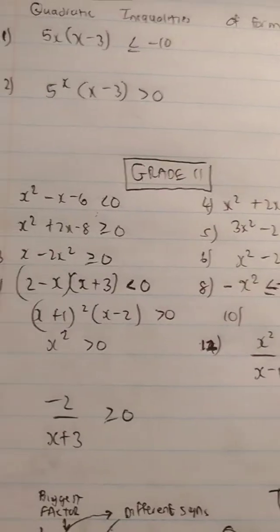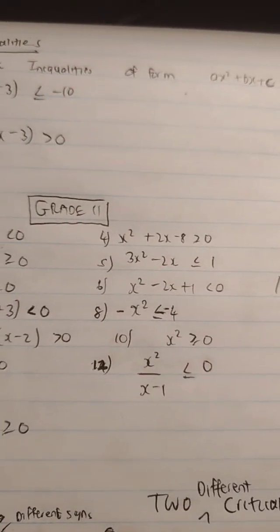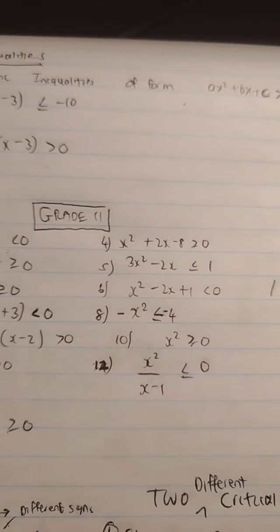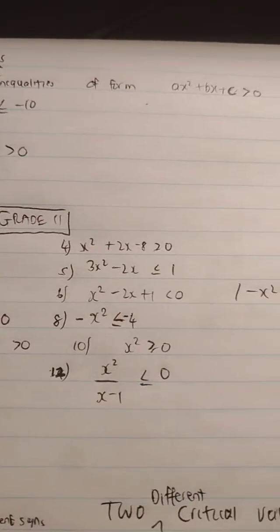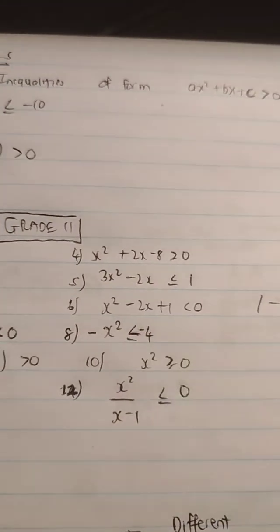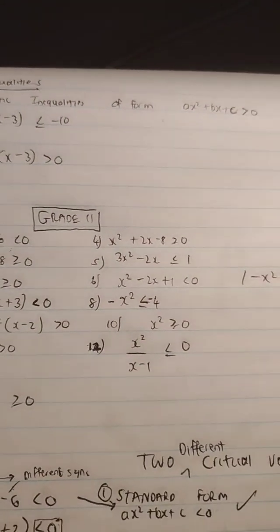Let's go and check out another question. Let's look at this one. Number 6, x squared minus 2x plus 4. Let's start.